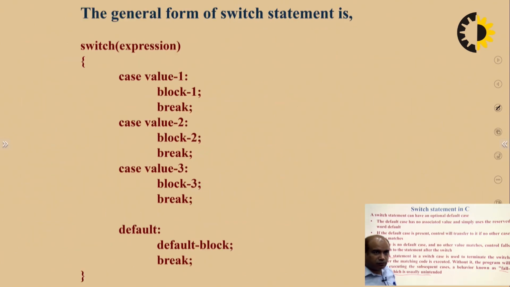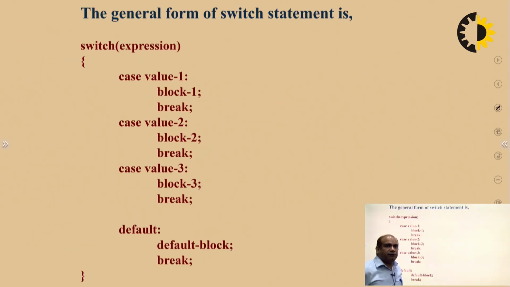The general form of the switch statement is: switch expression, case value 1, then a block, and also break. In C, the expression in switch will be either an integer or a character. We write case, then that value, which will be an integer or character value, followed by a colon operator.